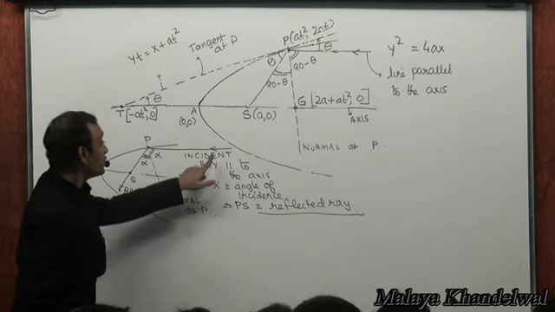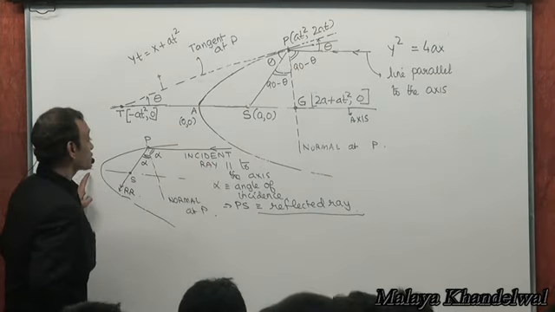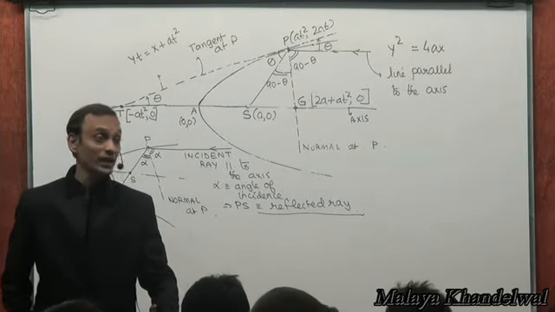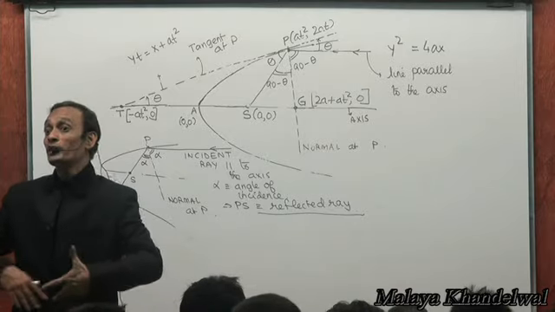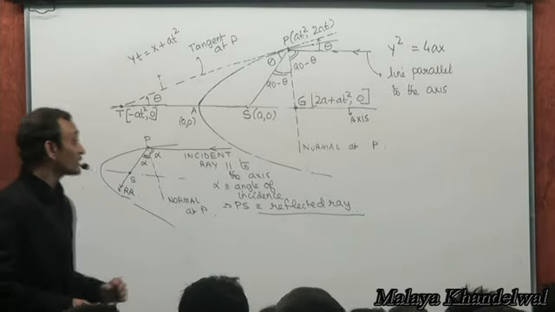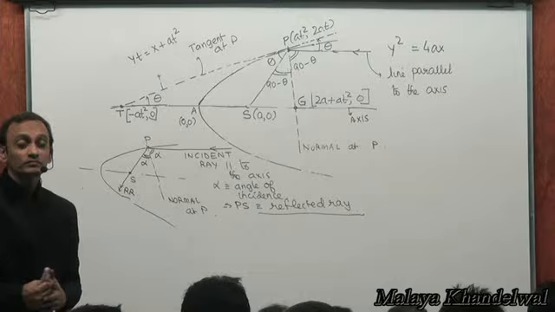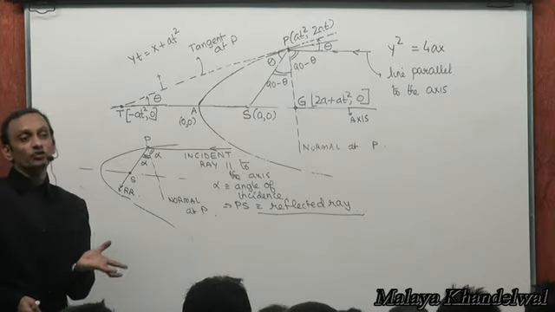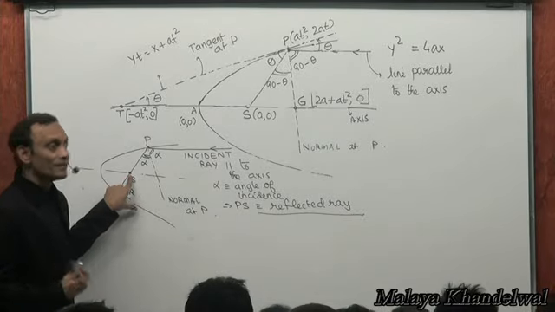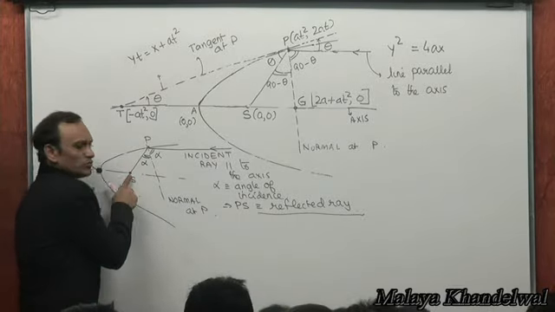Any ray of light running parallel to the axis of the parabola, after reflection, has to pass through the focus of the parabola. This is the property used to build paraboloid mirrors. When you make them paraboloid and you want this to be energy centric, then all rays of light running parallel must pass through this.